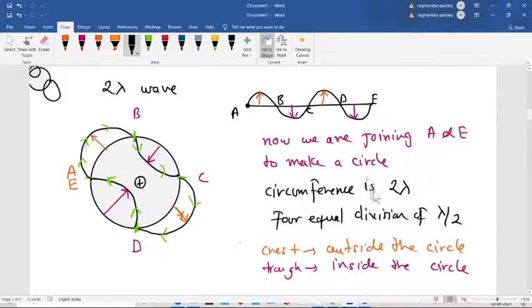When the circumference is 2 lambda, 3 lambda, 4 lambda, 5 lambda, it will work. So for a circumference of 2 lambda, there is a particular radius.